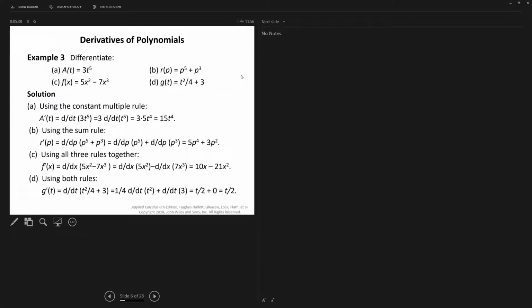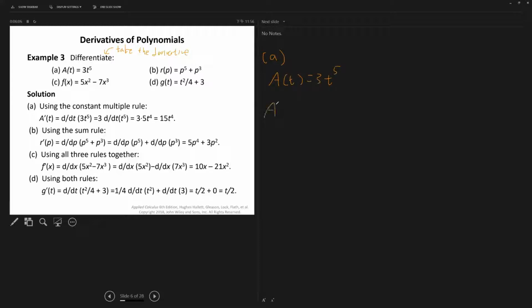Now let's look at some more examples. All right, so starting with part A. We want to differentiate all these four. Differentiate also means take the derivative. So we want to take the derivative of capital A of t, which is 3 times t to the 5th power.